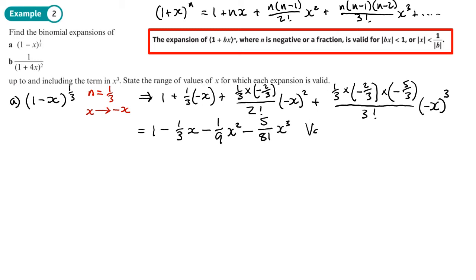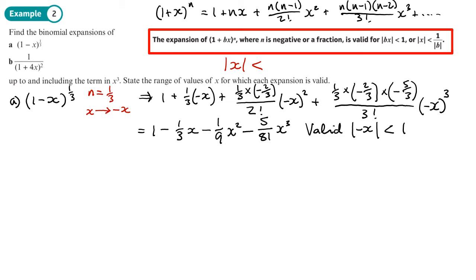Now I need to say when this is valid, what it's valid for. Now it's always valid for that thing that we replaced x with less than 1. Now we replaced that x with negative x, didn't we? Now we always need to write our validity expressions in the form, and I'll write it up here, modulus of x is less than something.